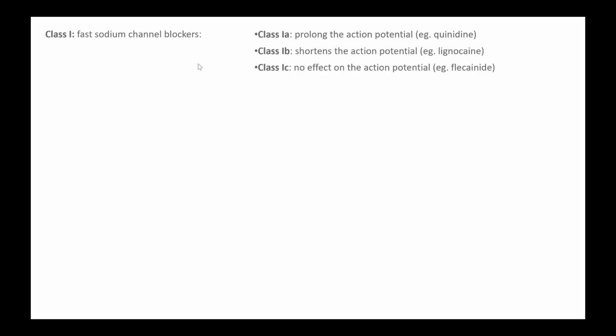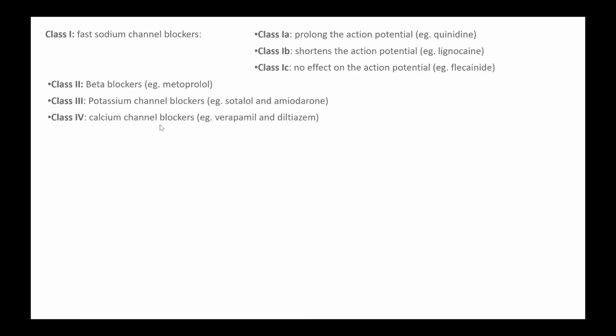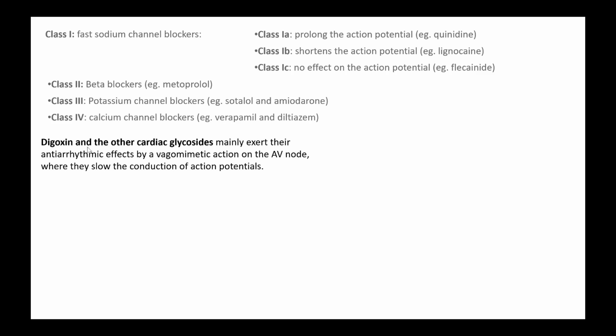So they all act on the sodium channels of the cardiac myocytes. The second one is the beta blockers, which act on the beta adrenergic receptors, B1 receptors in the heart. And class 3 is potassium channel blockers like sotalol and amiodarone. And class 4 are calcium channel blockers like verapamil and diltiazem.